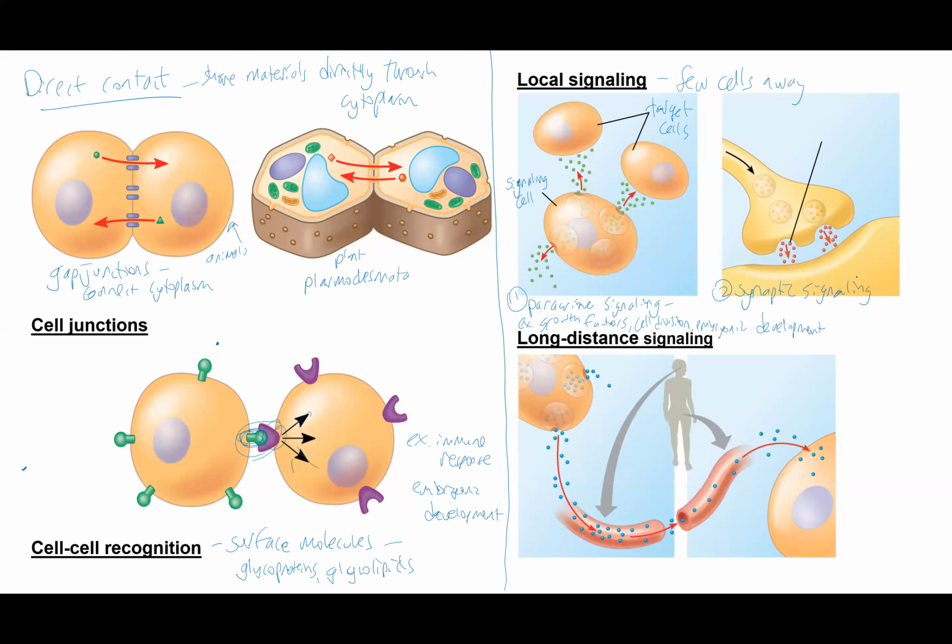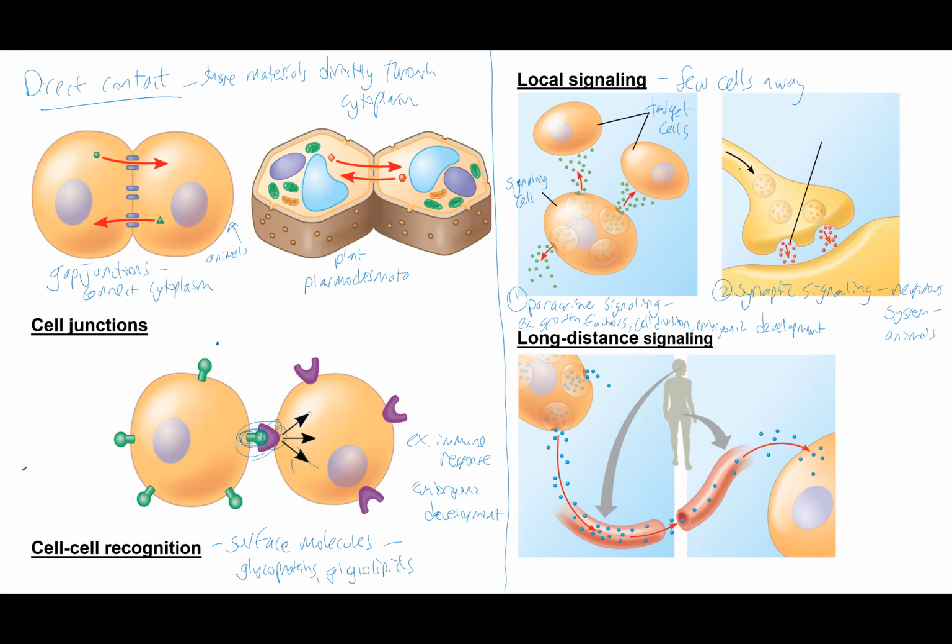So you've got the axon of one nerve interacting with the next cell. So this is occurring in the nervous system. So this is only happening in animals that have a nervous system that's developed enough. Plants can't do this. In this case, there's both electrical and chemical communication going on.